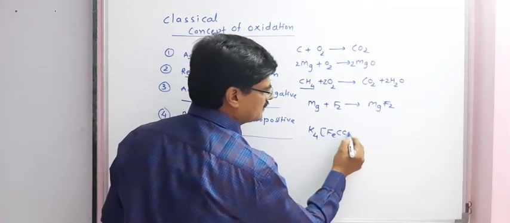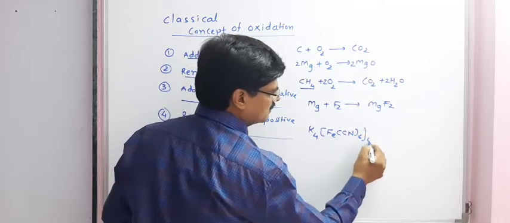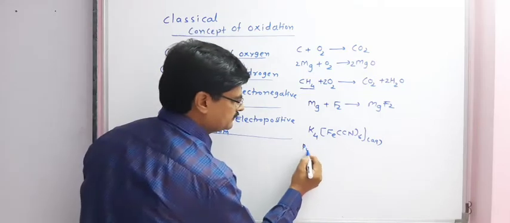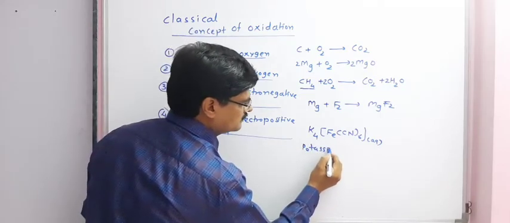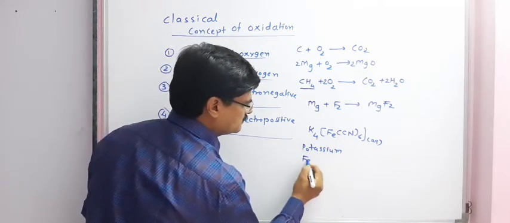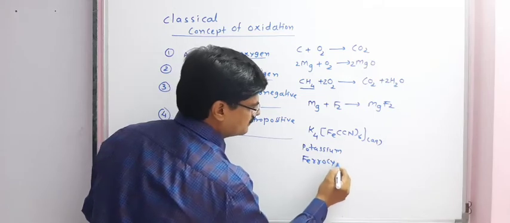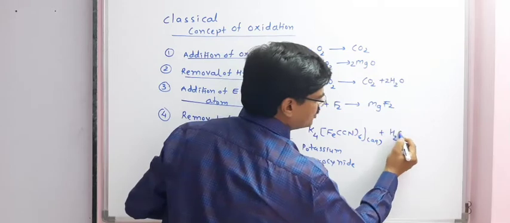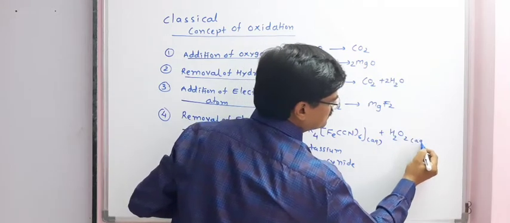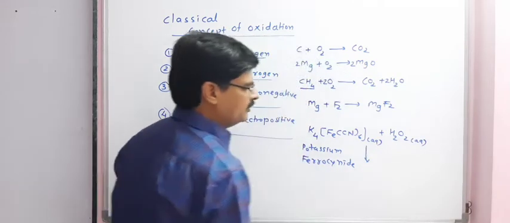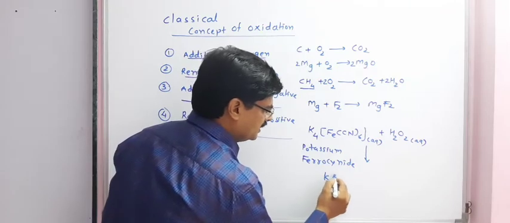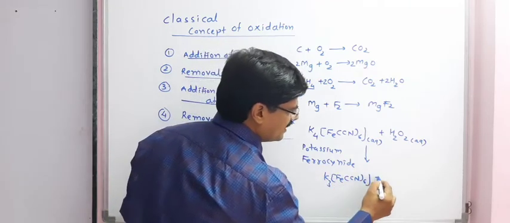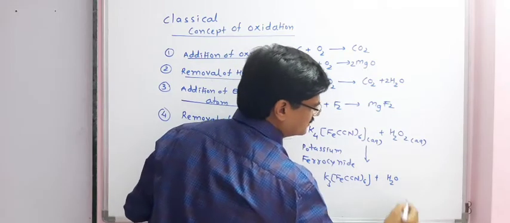K4Fe(CN)6, potassium ferrocyanide, when it is treated with H2O2, gives K3Fe(CN)6 plus water.